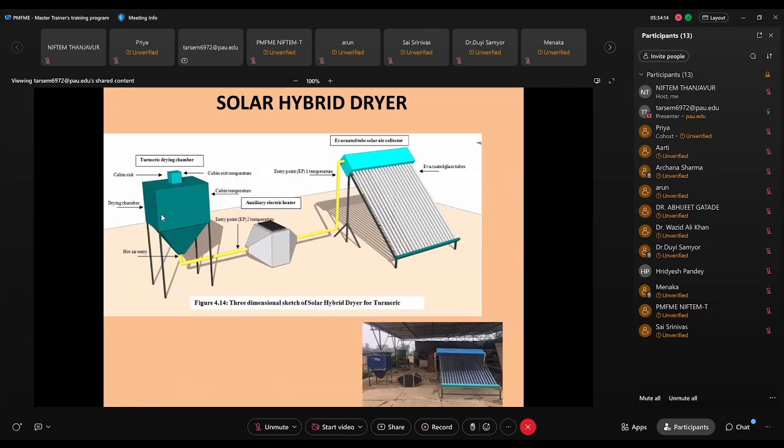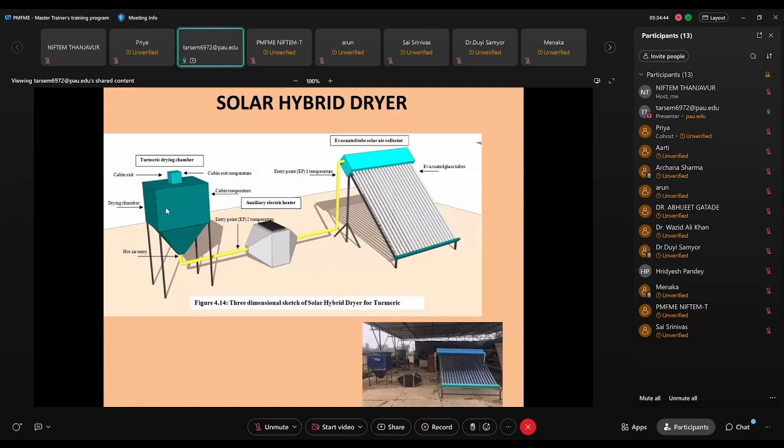In the summer months, when this dryer is operated during sunshine hours, it will consume very little electric energy, in the form of the blower which pushes the hot air into the drying chamber.